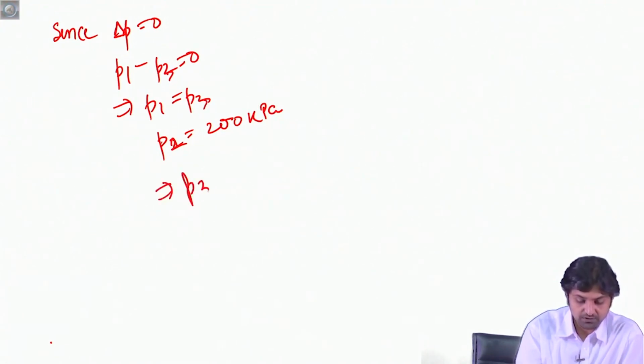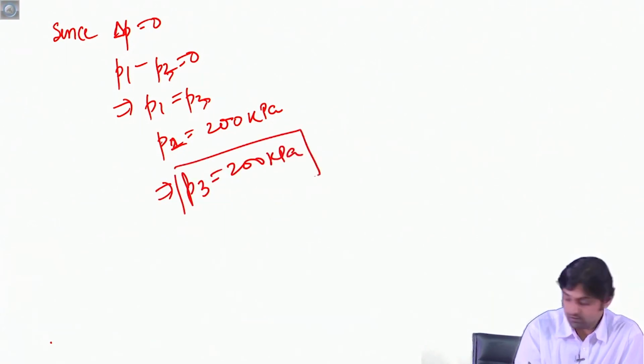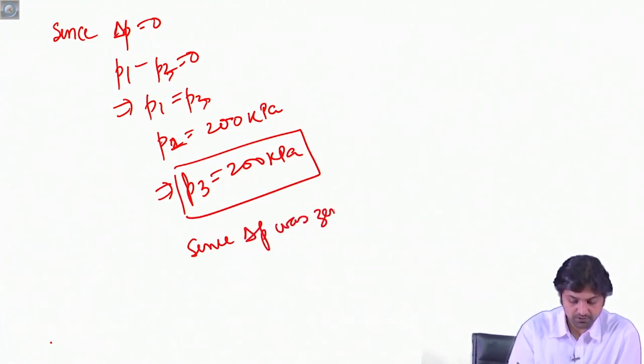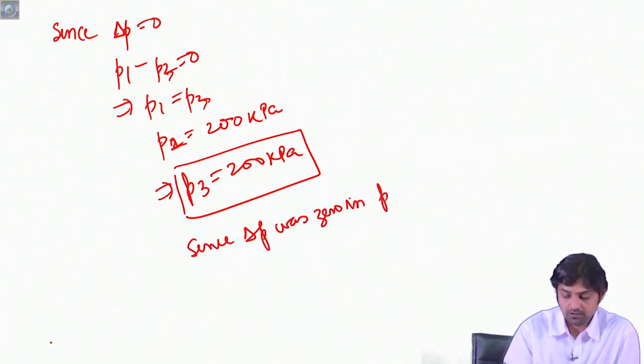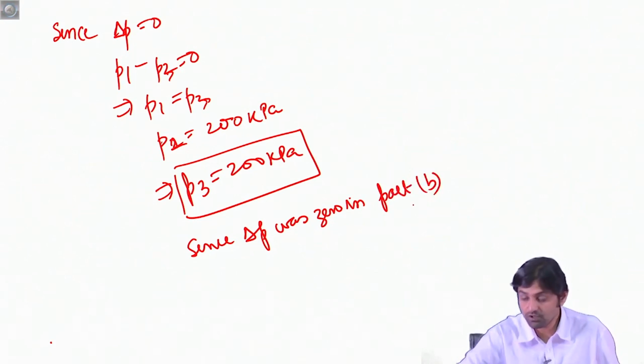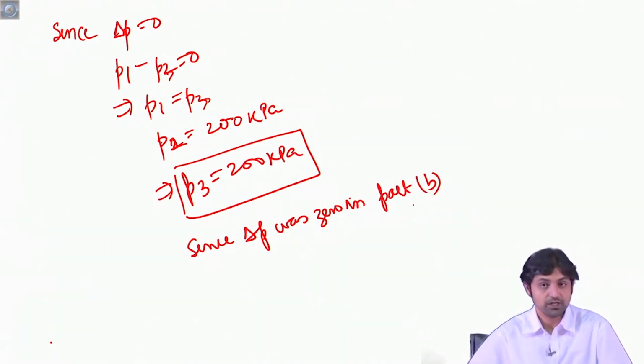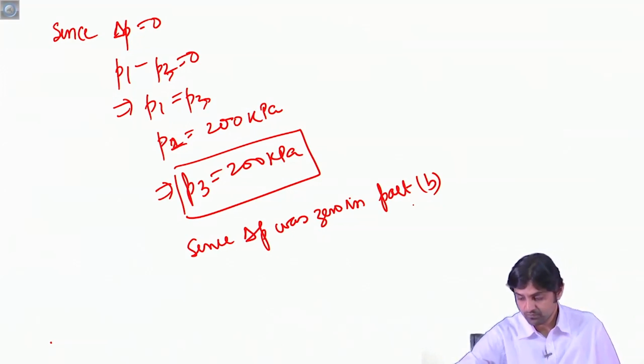Therefore, P3 is also going to be 200 kilopascal since delta P was 0 in part B. Very simple, because there was no pressure drop per unit length, so the pressure would be the same as what is at point 1. All right. So we finish this one here.